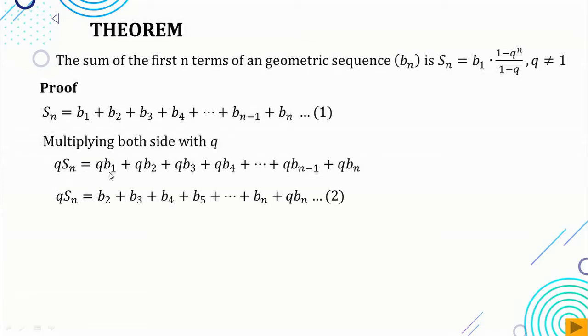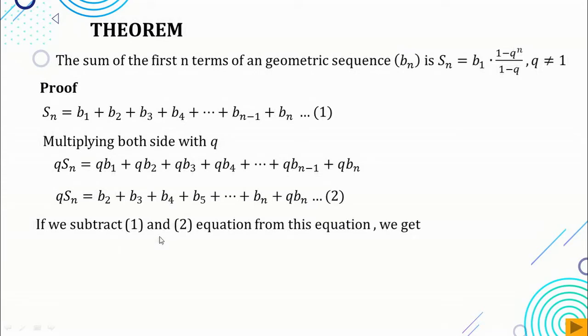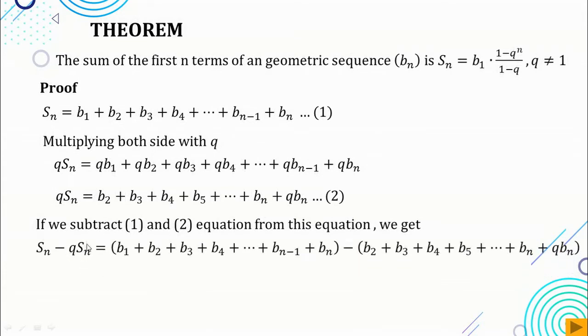So k b1 is equal to b2 and then etc. Okay, so from here, if we subtract the second equation from the first equation, then we get Sn minus k Sn, and then the rest of them follow. And then we put the Sn in front and factorize, so we get Sn times (1 minus k) equals b1 minus k bn.